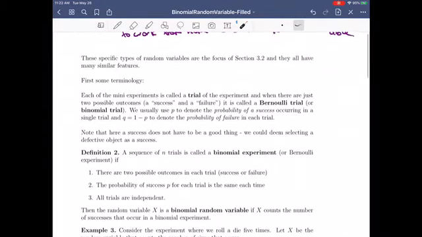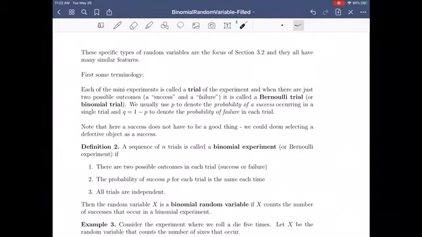So some terminology. The mini experiments are called a trial of the experiment. And when they have two possible outcomes, we normally refer to them as a success and a failure, but the success might be a bad thing. The success could be exhibited side effects from a drug, when we're trialing a drug or something.